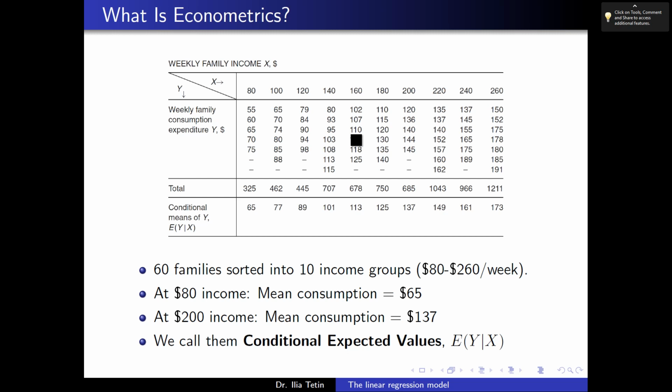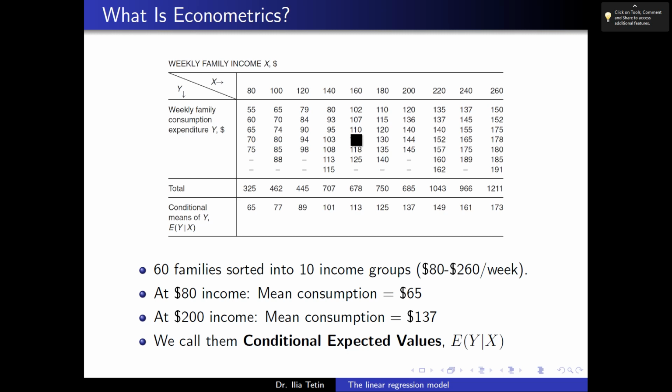What does it mean, conditional means or conditional expected values? Mean and expected value are the same: just what will be Y given X. So to read this formula, we say what will be the first variable given the other.